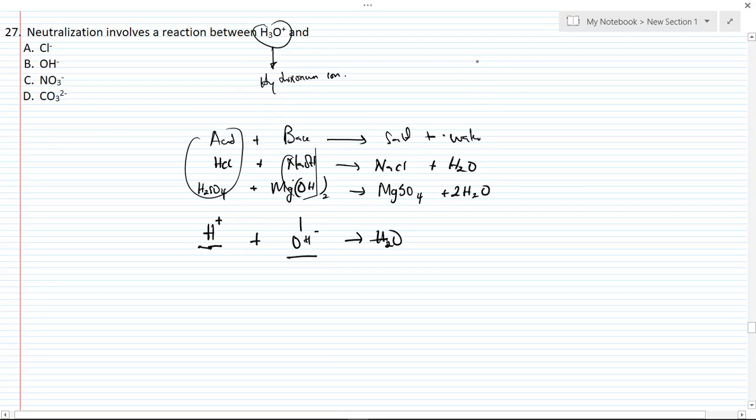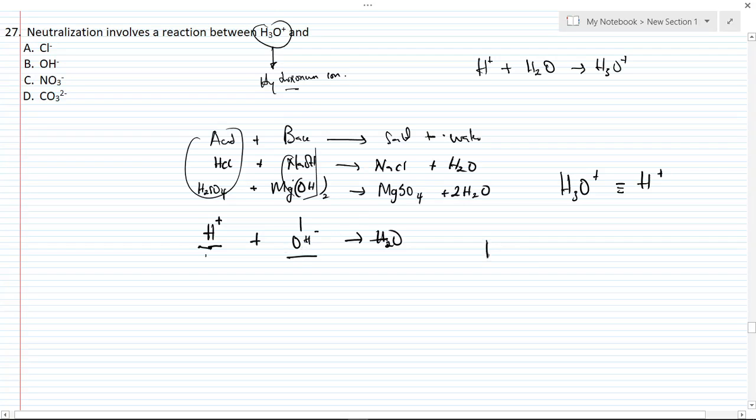The hydronium ion is pretty much your hydrogen ion dissolved in water, so it is equivalent to the hydrogen ion. So we can say a neutralization reaction is the reaction between a hydrogen ion or hydronium ion with hydroxide ion to form water.